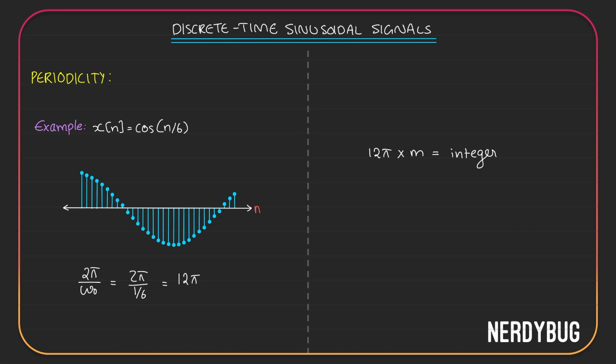No, because pi is an irrational number. You can't multiply it with any number and make it an integer, right? So that means 2 pi by omega naught for this signal is never going to be an integer. So what we can conclude from here is that it is non-periodic.